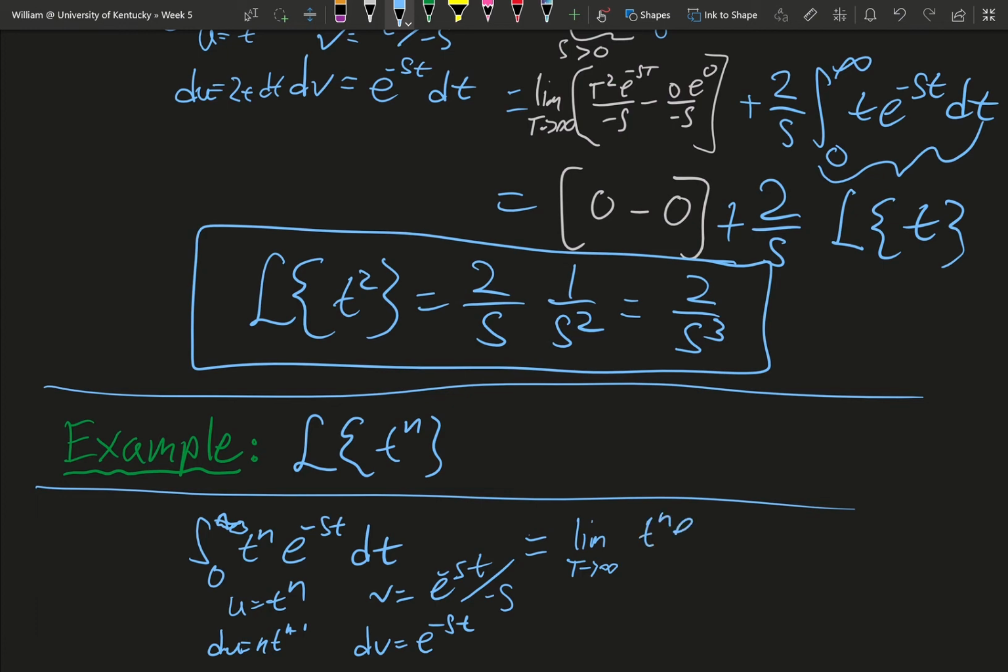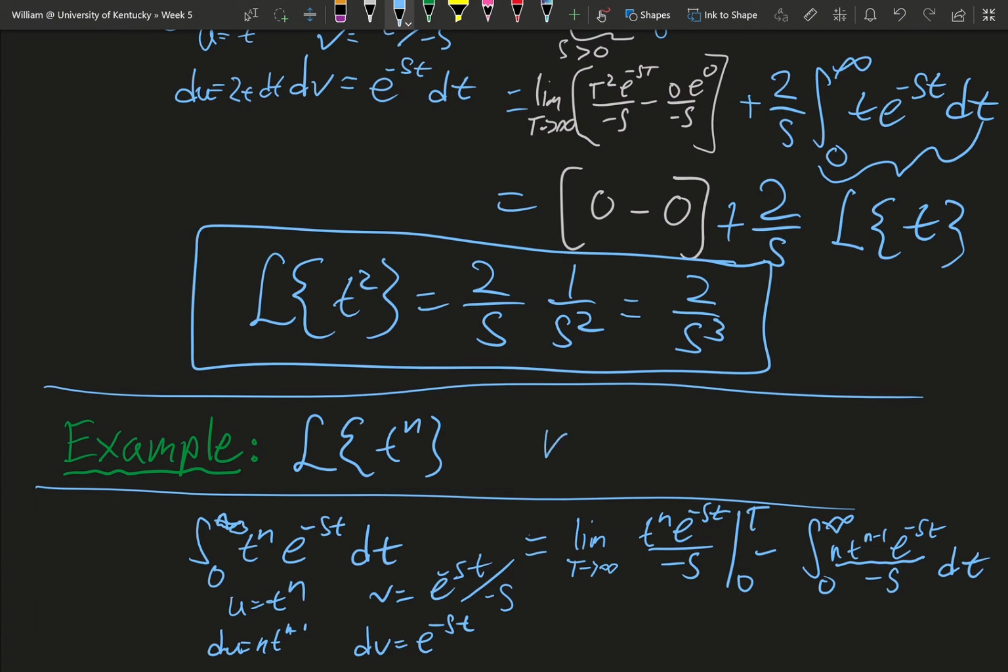So t to the n, e to the negative st over negative s, times the integral from 0 to capital T, and then minus the integral from 0 to infinity of n t to the n minus 1 times e to the negative st divided by negative s.